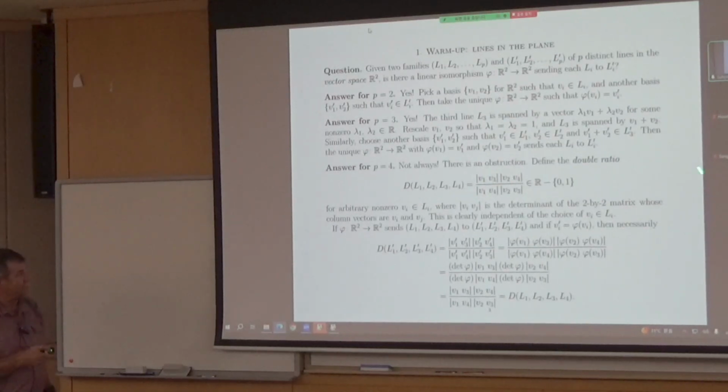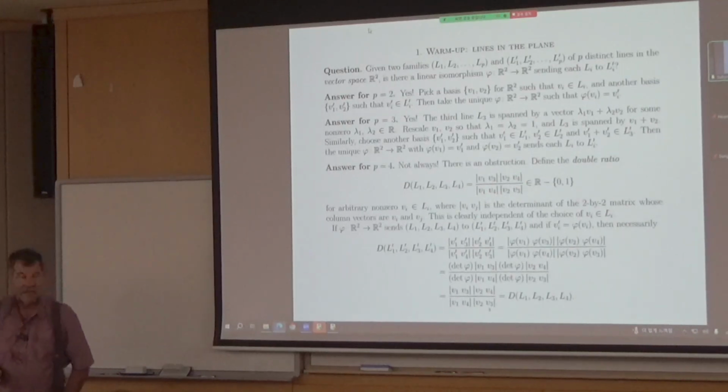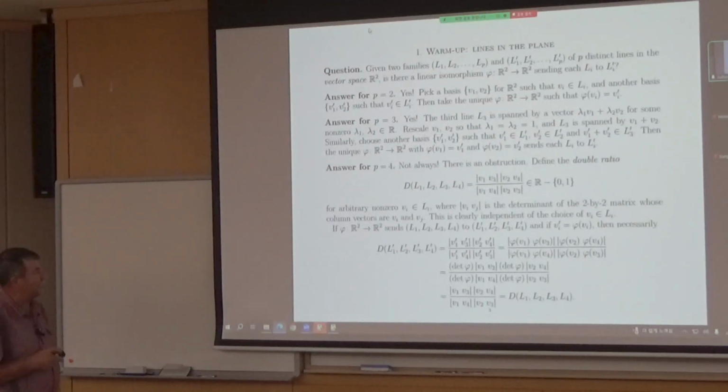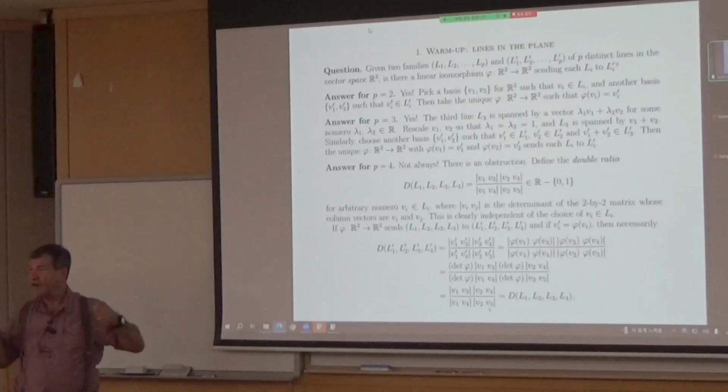Okay, and so you take this double ratio because it's twice the ratio of 2 determinants, and it's specially designed so that it doesn't depend on which vectors you're taking. I was taking a vector Vi in the ith line, and I could take another one, like instead of V3, I could take 75 V3.